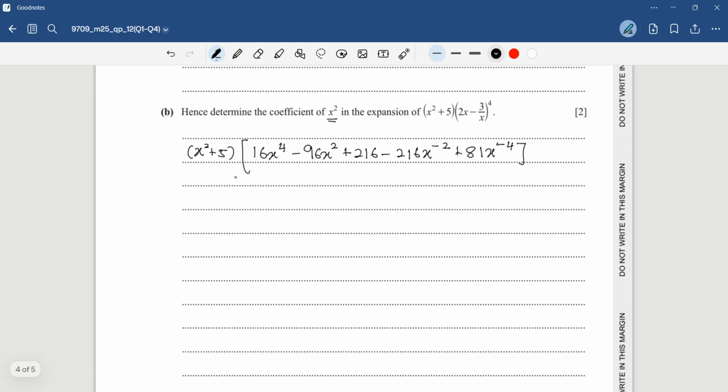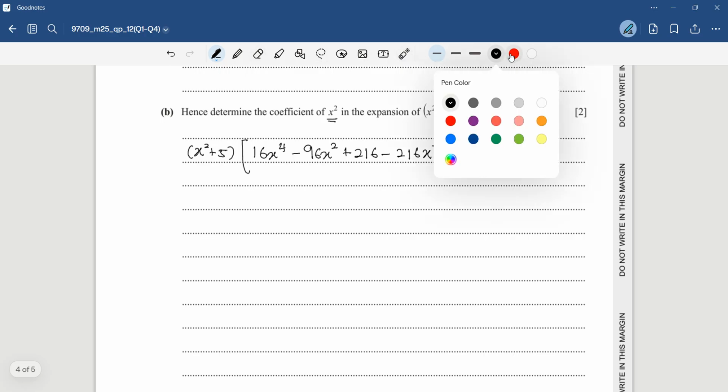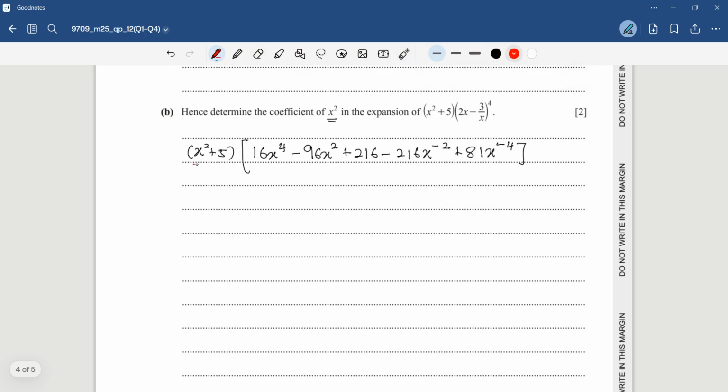Okay, since the question wants x squared only, what we can do is, I just change my color. Okay, so x squared multiplied with 216, and 5 you can multiply with this. Therefore x squared multiplied with 216, you get 216 x squared, plus 5 times negative 96 x squared.